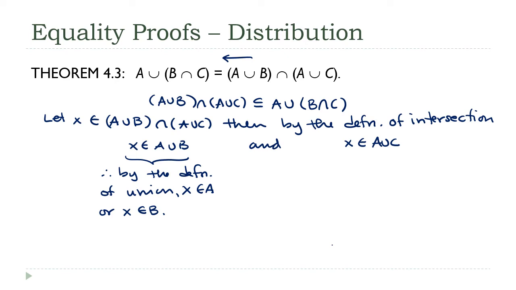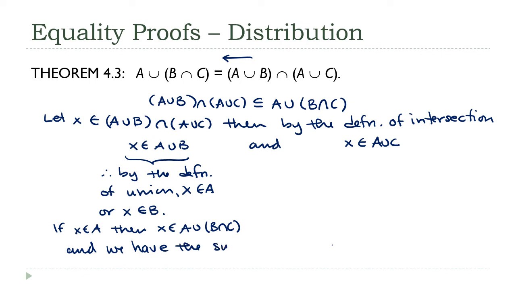All right, well, if X is an element of A, then we're done. If X is an element of A, then X is an element of A union B intersection C, and we have the subset relationship that we needed.